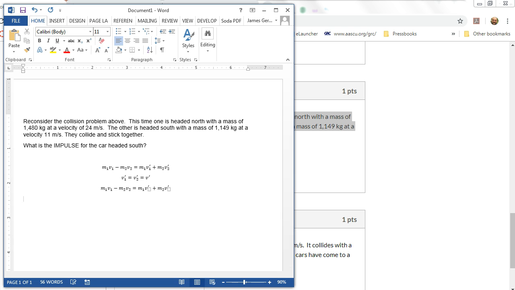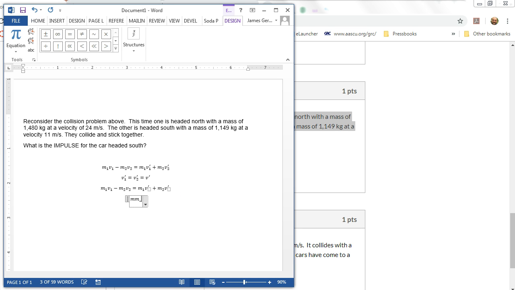Which means I can go a little further and just do m1 v1 minus m2 v2 equals m1 plus m2 times v prime. Now you can see from this, right? Because they're stuck together, they're acting like one object, m1 plus m2. They are stuck together, they're one thing, they have one velocity.